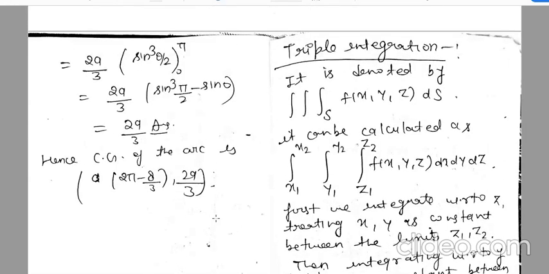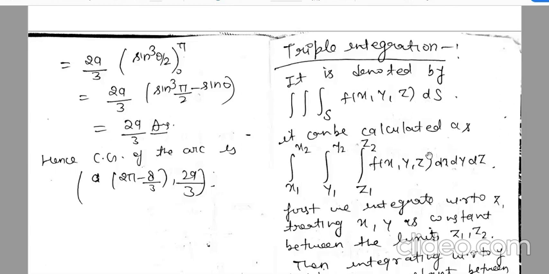Now, our second topic is triple integration. Triple integration is the same as double integration, but here the limits will be 3 and our variables will also be 3. It is denoted by the triple integral of f(x,y,z) dS, right? So f is a function of x, y, z.